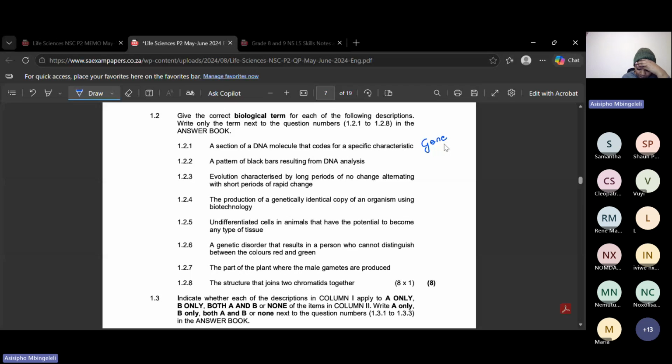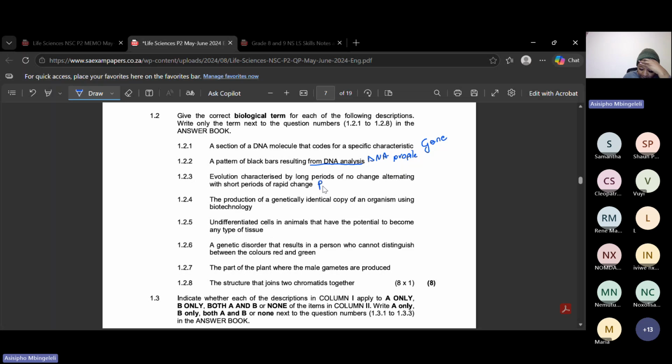And then a pattern of black bars resulting from DNA analysis. That is a DNA profile. And then evolution characterized by long periods of no change, alternating with short periods of rapid change.